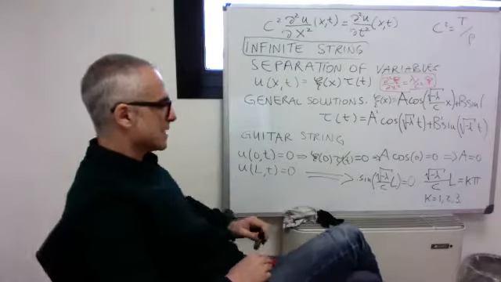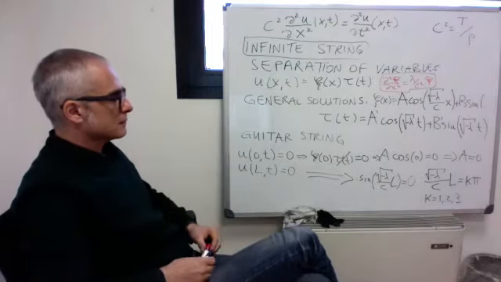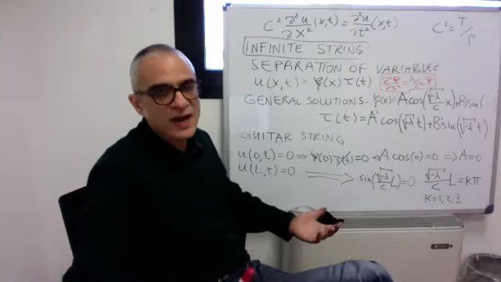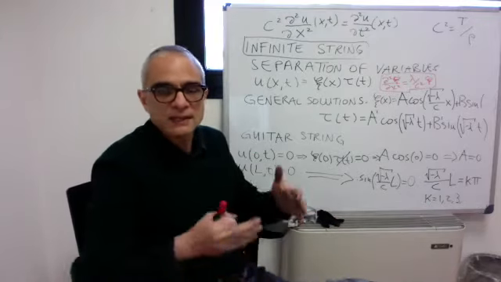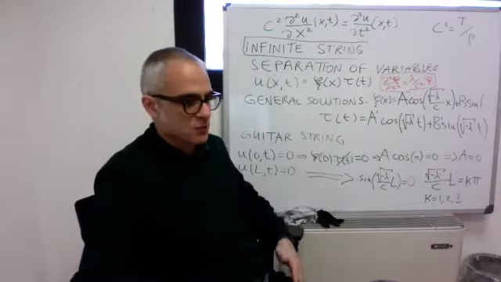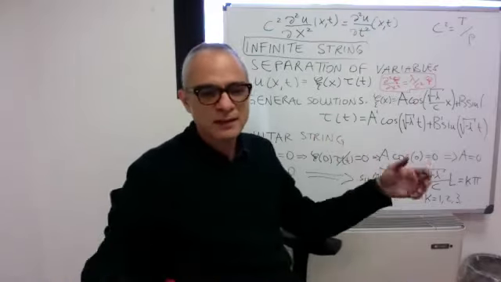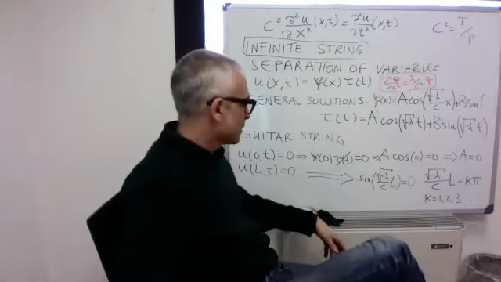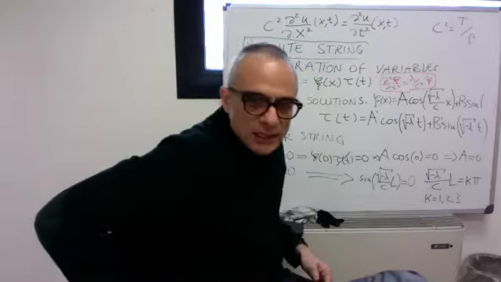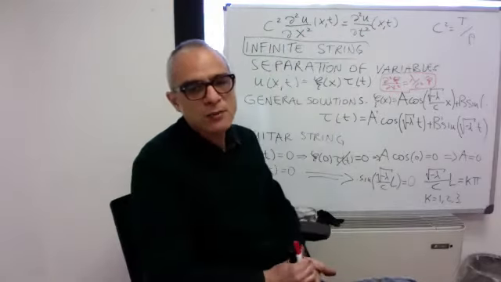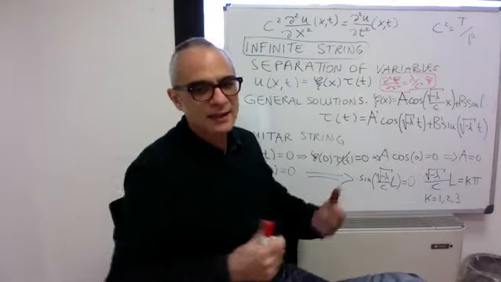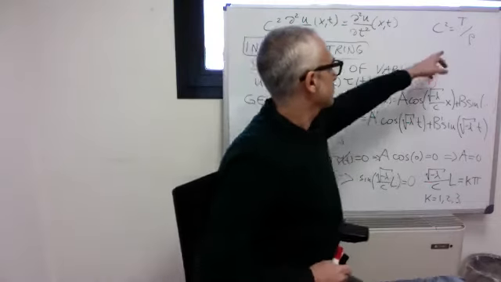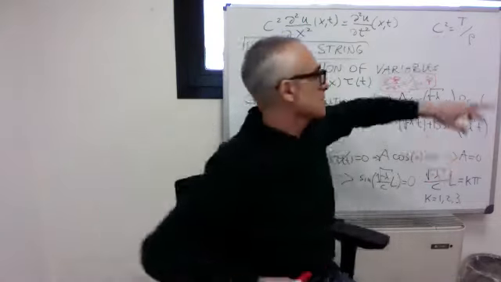then this condition is satisfied. Now, L is the length of the string, so it's defined by the physical setup of our experiment. Once we have bought the guitar, we cannot change L unless we buy another guitar. c also we define when we buy the string. We decide how heavy, how thick we want it to be, and by tuning the guitar, we administer some tension T to it.